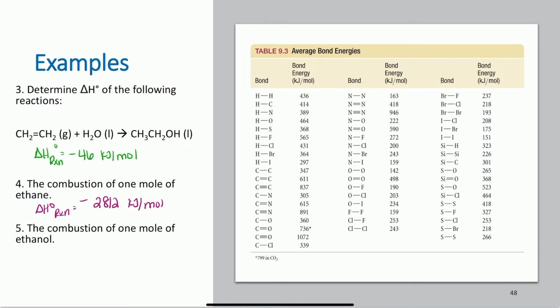And the last one, the combustion of 1 mole of ethanol. Ethanol, Eth, 2 carbon, Ol, or OL is an OH, meaning an alcohol group.